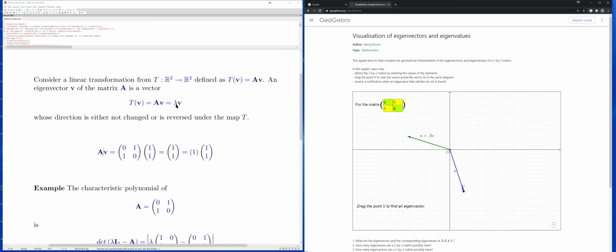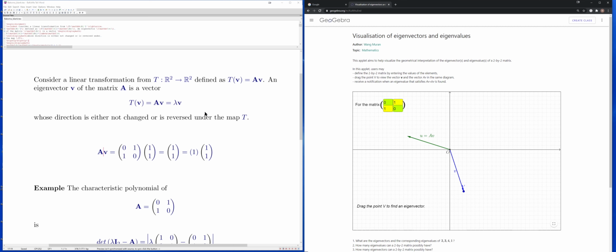If I can find a vector V such that A times V is just a scalar multiple of V, then V is an example of an eigenvector, and the scalar is called an eigenvalue.